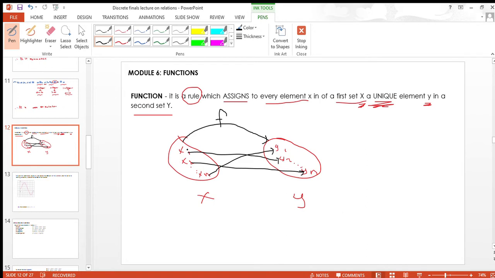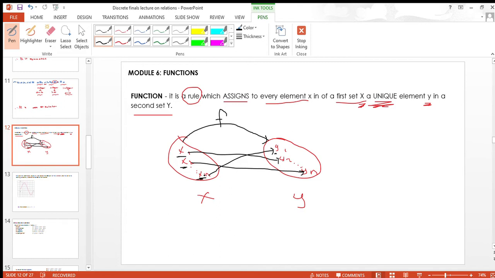If you notice in the definition, it tells us that each element in our first set gets a unique partner in the second set. It means that, looking at this graphically, each element in the first set must only have one arrow going out of it, being paired to the next set.